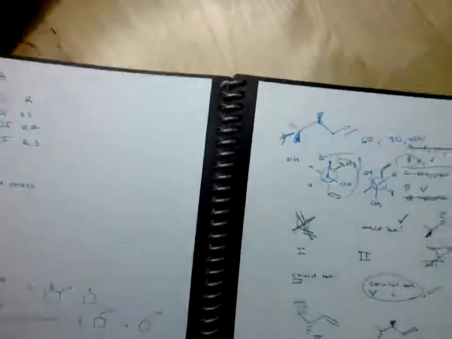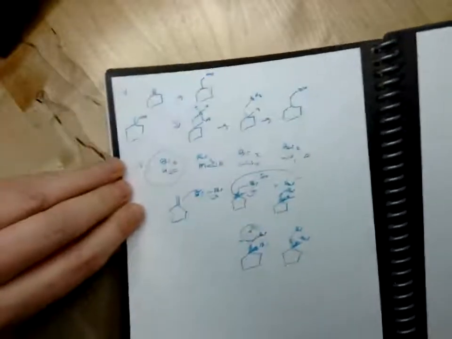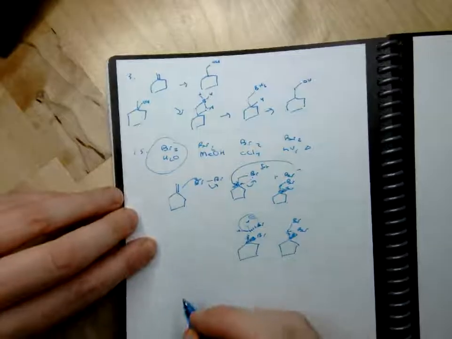What reagents would you need to generate a halohydrin? Well, I already went through all the different things that you need to generate different stuff with Br2, so I already answered that question for myself, kind of.